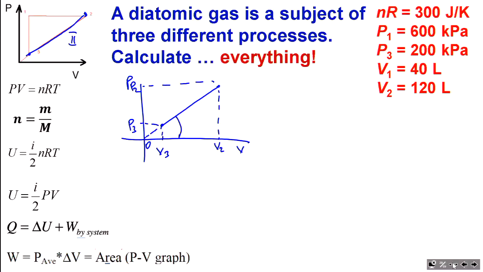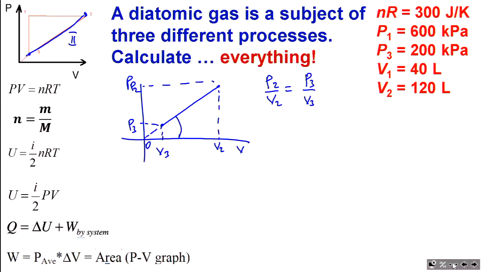That's a straight line. If you want to calculate this slope, we could do this rise over run. So P2 over V2, and the same slope should be equal to P3 over V3. And how can we use that?